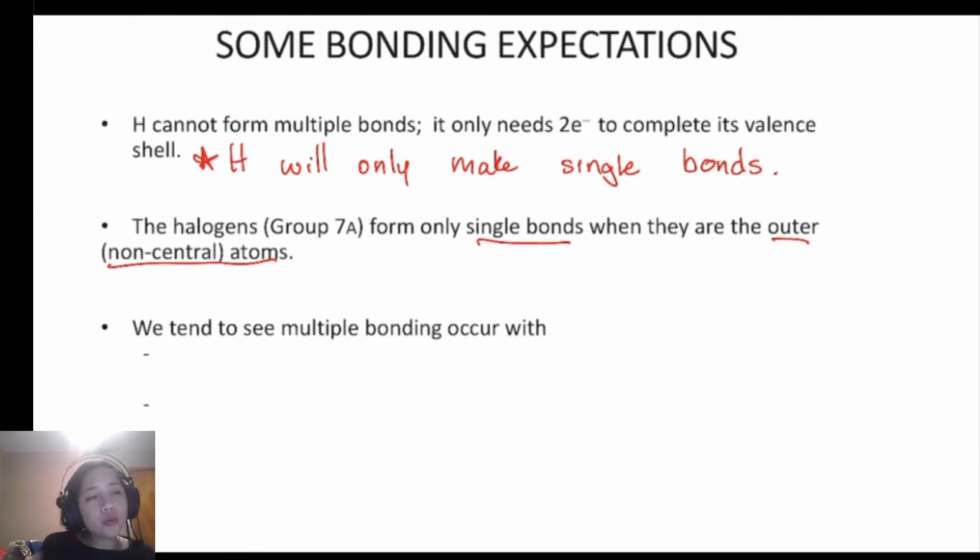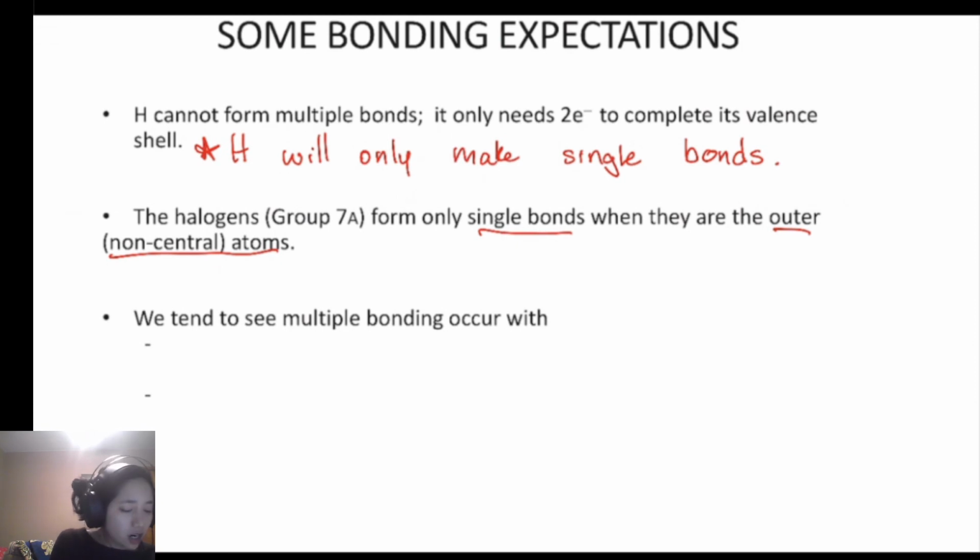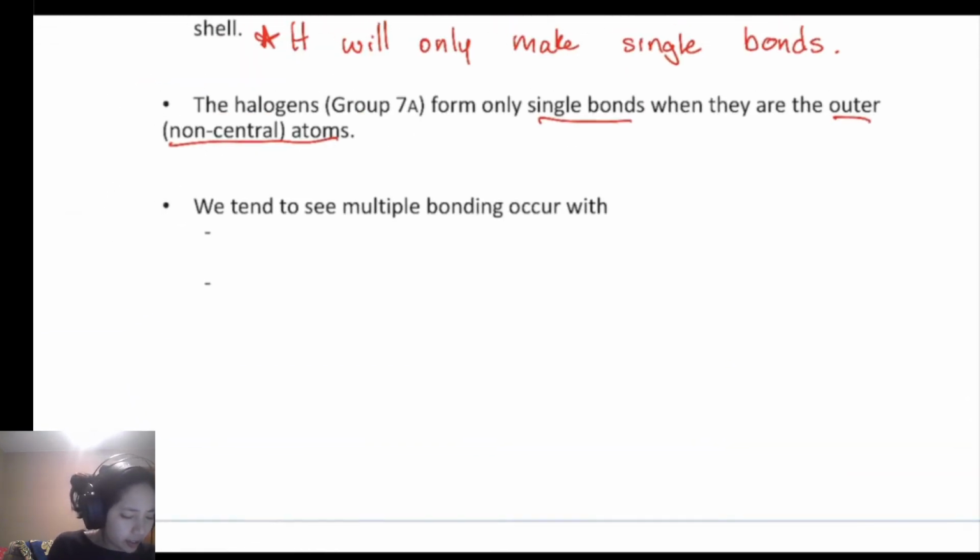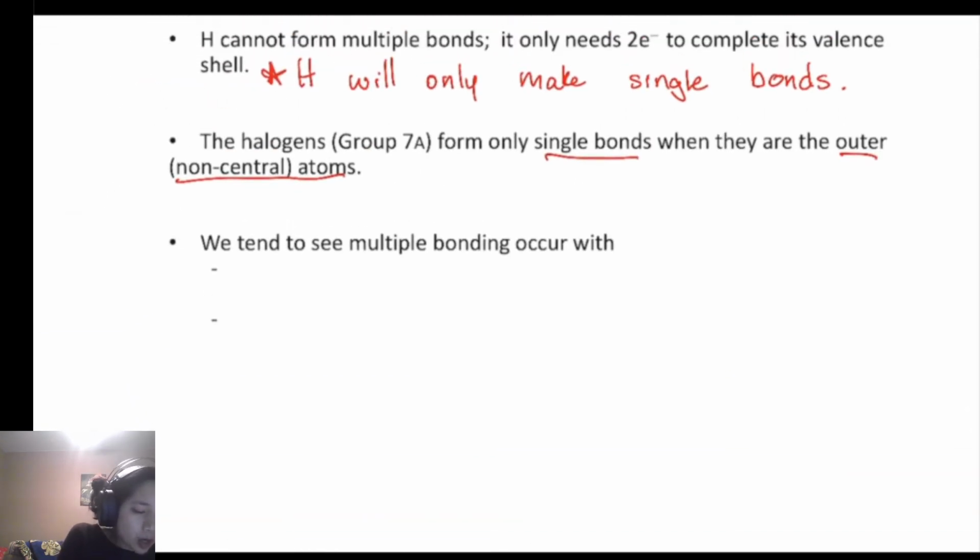And so the only substances where we see multiple bonding occur, so CO2 was one of the examples, because that's always where it kind of gets hairy. So multiple bonding can occur with compounds that contain carbon, nitrogen, and oxygen. So we already saw that in CO2, right? Carbon can have multiple bonds.